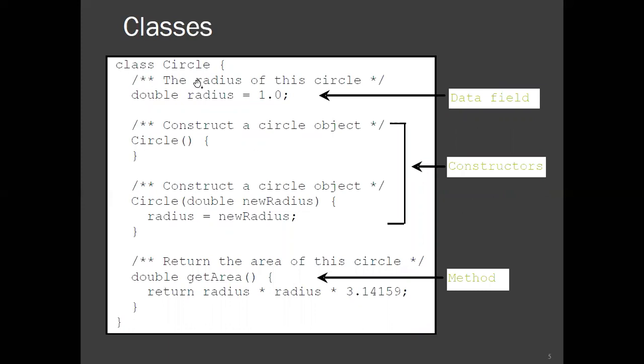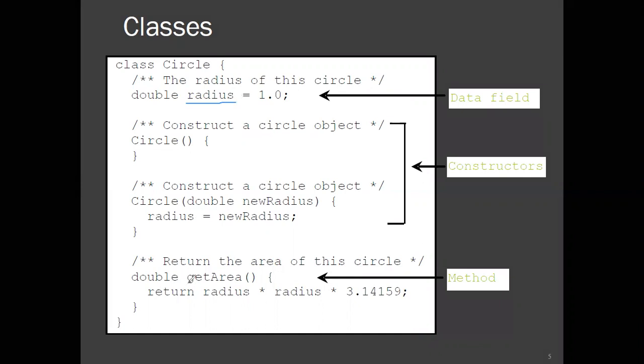So class Circle, open curly bracket. Here radius is there. This radius is nothing but the property of a circle.